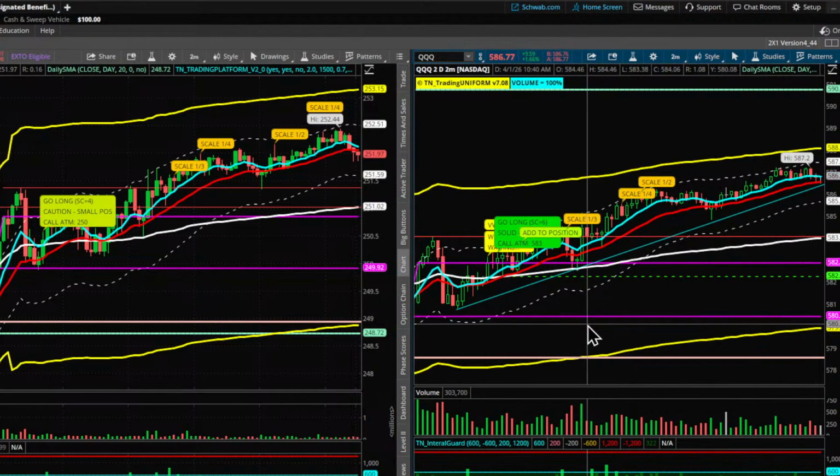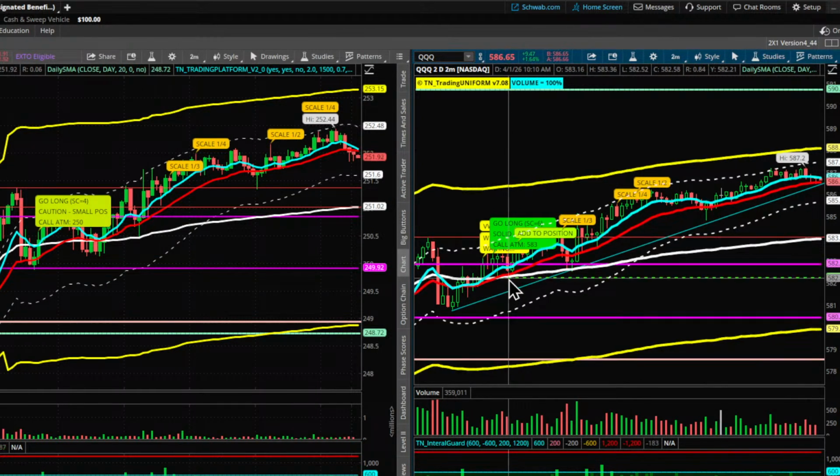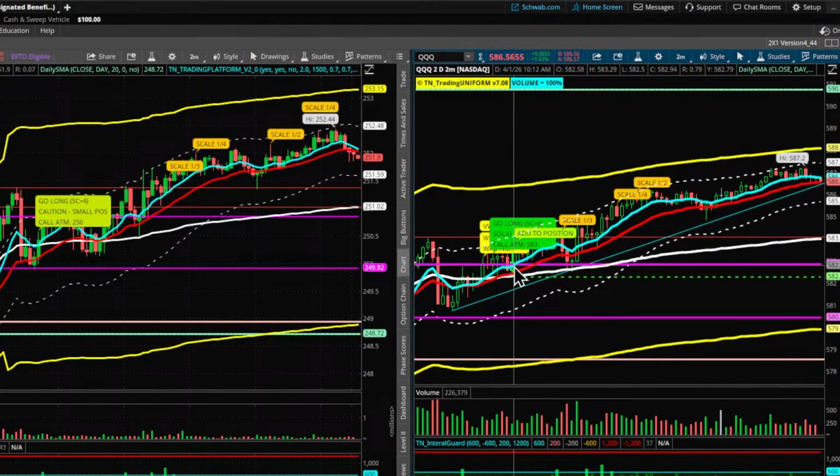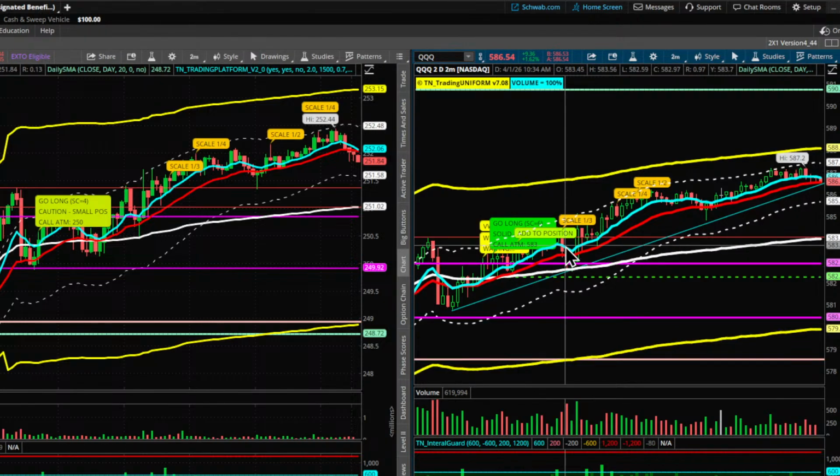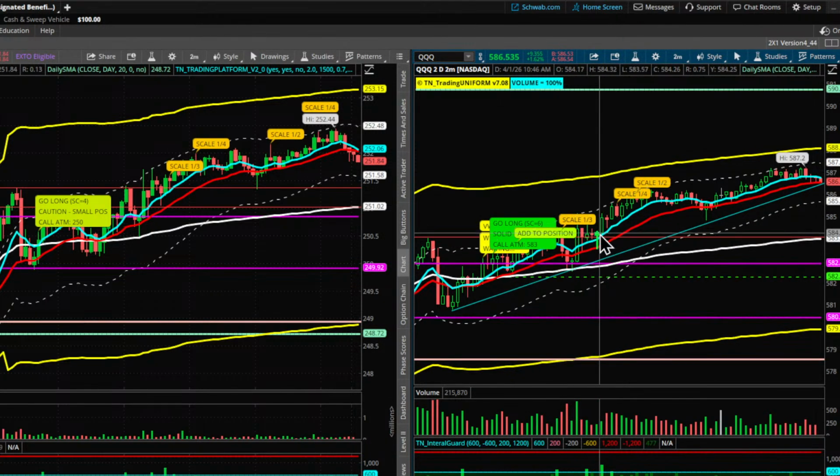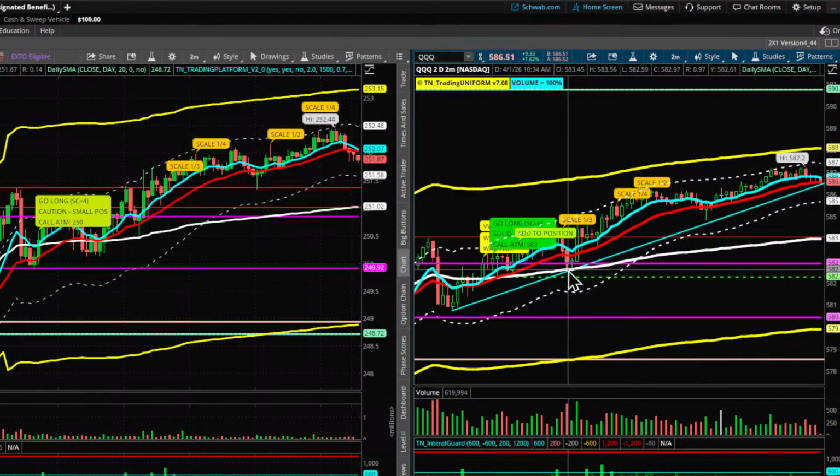One thing nice about the system is if there's a good setup, it will allow us to basically ride the trade and get the most out of this. Enter here with a small position, and then when it sees the timing is right, it says add more.